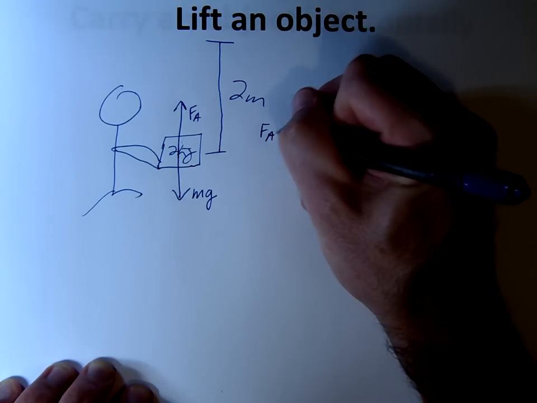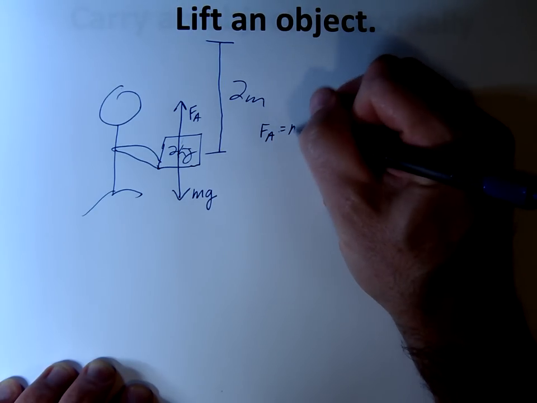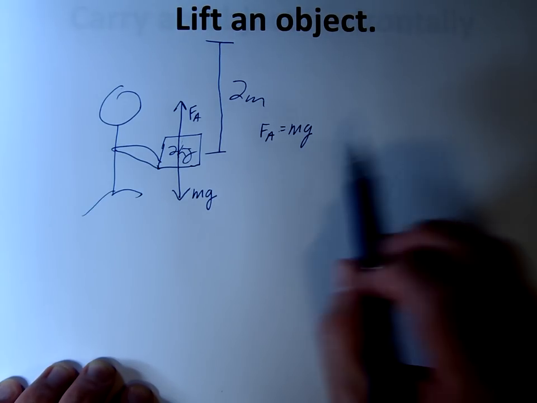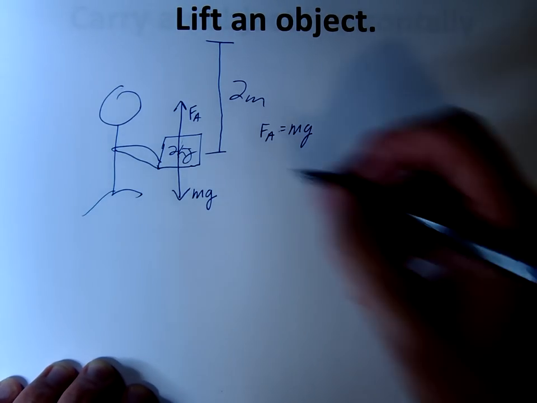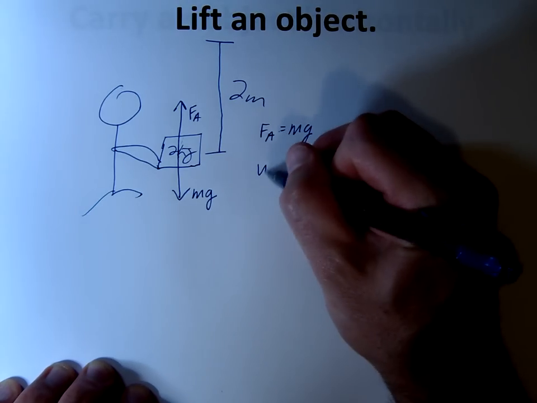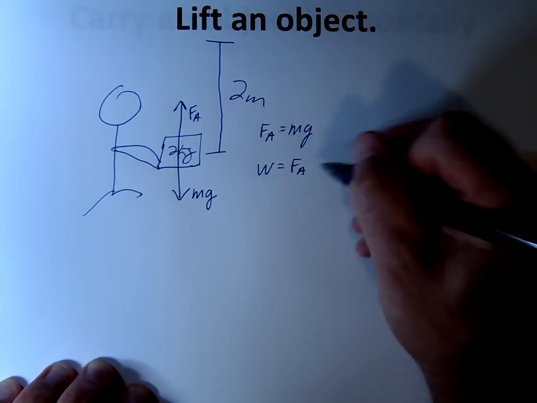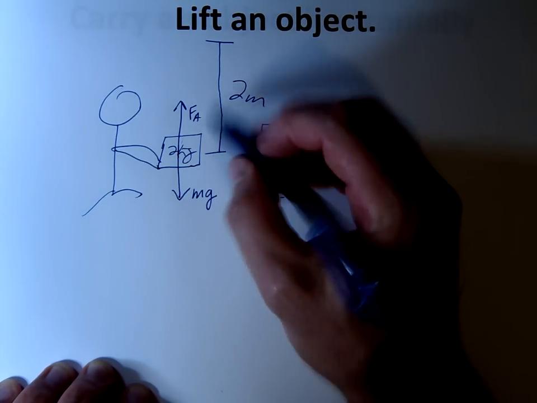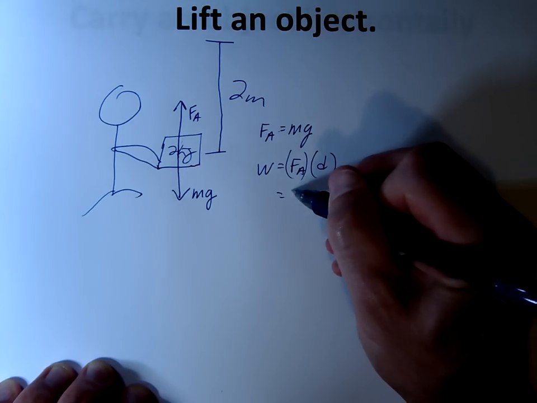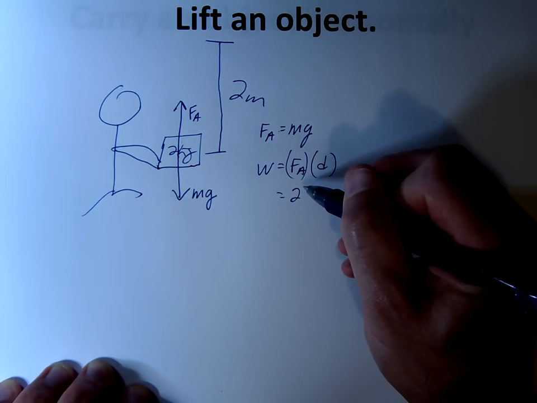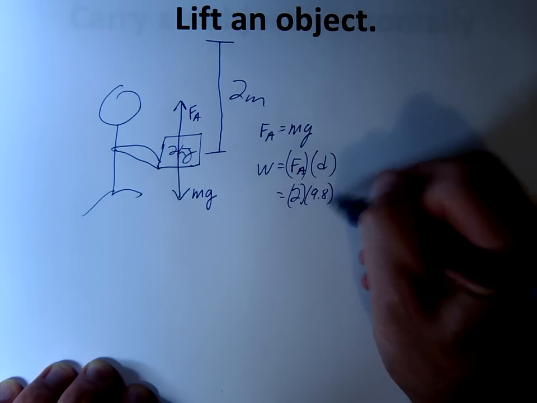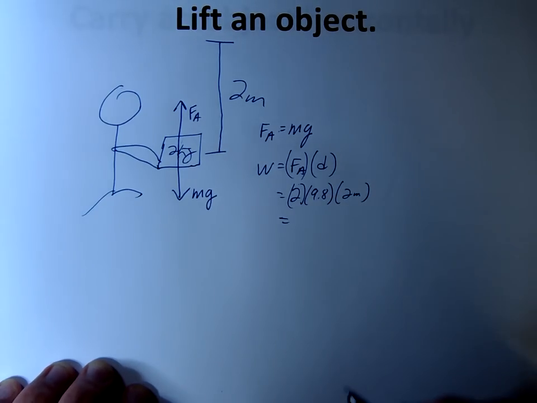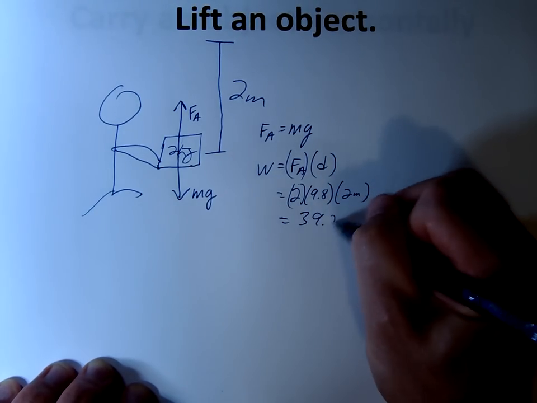I'm literally lifting a weight here, right? So this would be, my applied force would have to be the same as the weight. So we'll say FA is equal to mg here. And the distance would be 2 meters. So when we do our work, which would be force applied times our distance, notice that our force and our distance are parallel. Don't have to mess with that. So this would be the mass of 2 times 9.8 times 2 meters gives us 4 times 9.8, that's 39.2 joules.